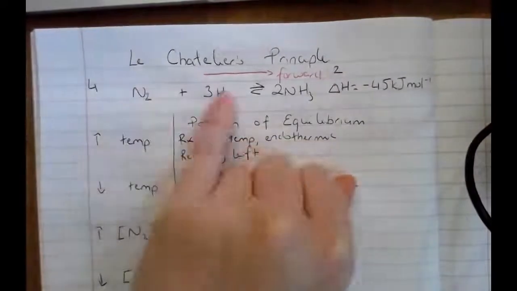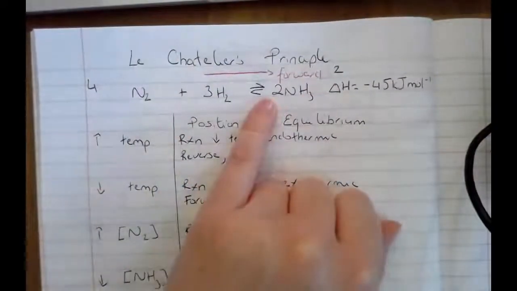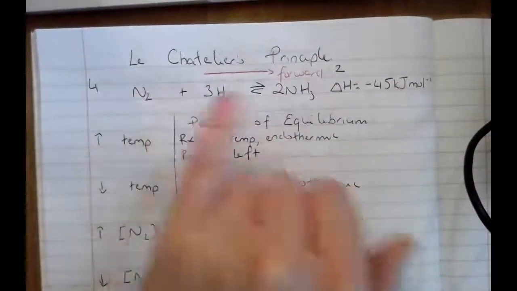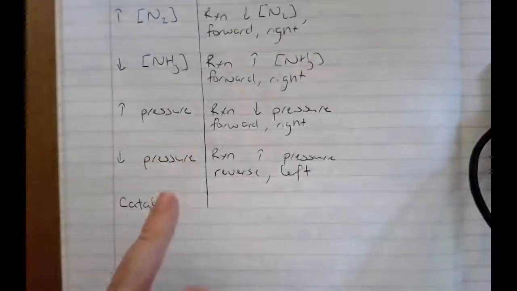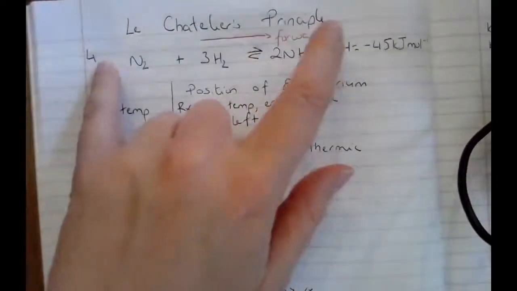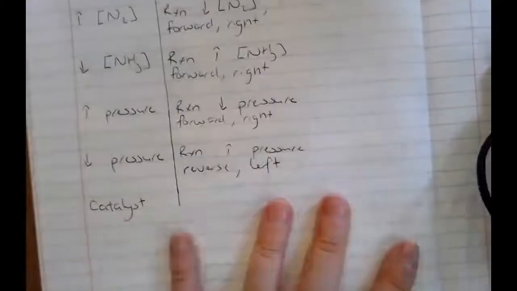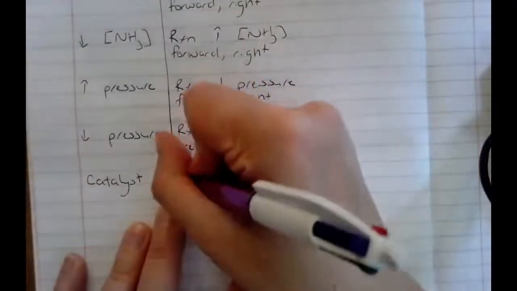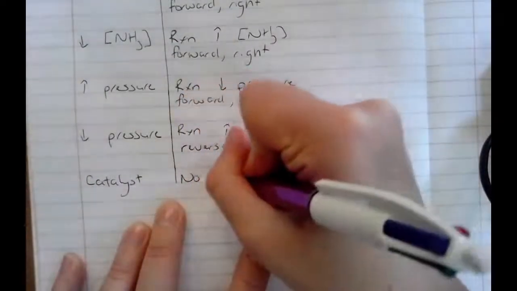So it's only going to be relevant to a reaction where everything's present as a gas, and it is in the Haber process. Also, if you have the same number of gas molecules on each side, then changing pressure wouldn't affect equilibrium at all. You have to have a different number of molecules on each side for pressure to have an effect on equilibrium.